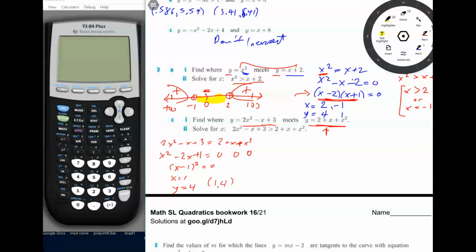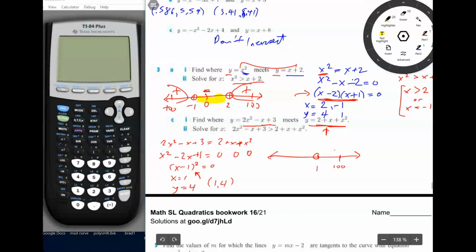Okay. So I know that when x equals 1, this expression here is 0. When is that expression positive or negative? Okay, so if I put in a number greater than 1, such as 100, I'll get 100 minus 1, 99 squared.